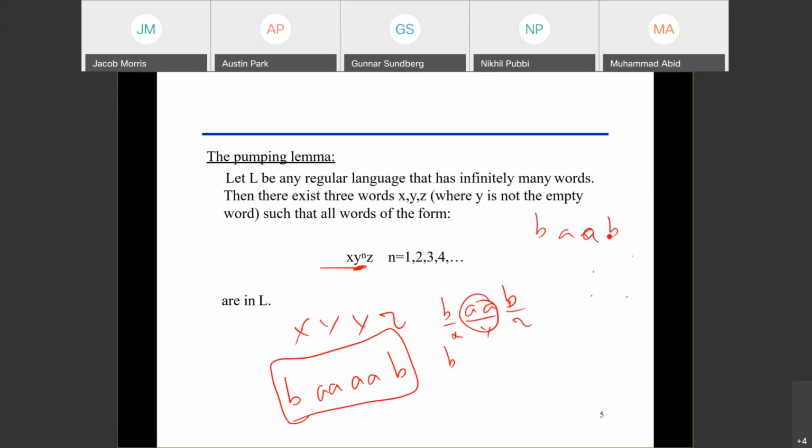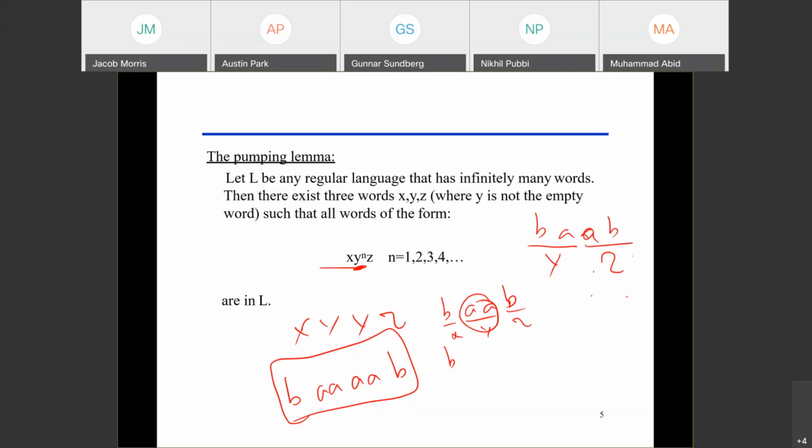So consider a second scenario. Maybe this is my Y and this is my Z, and there is no X, because X and Z may be lambda. Both can be lambda, or maybe only one can be lambda, but Y will never be lambda. So Y must have some word.